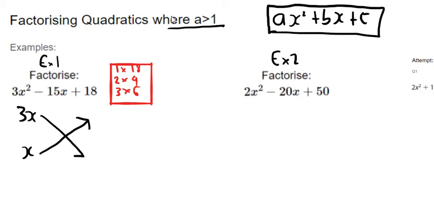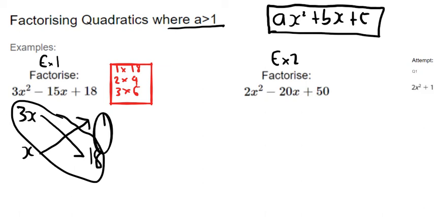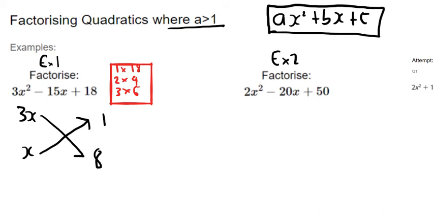But if I start with 1 and 18, putting a 1 there and an 18 there, the 3 multiplies by 18, which turns it into 54. Adding 54 to 1 won't get you to minus 15, so 1 and 18 won't work there.